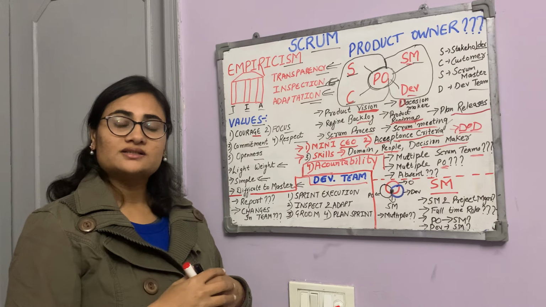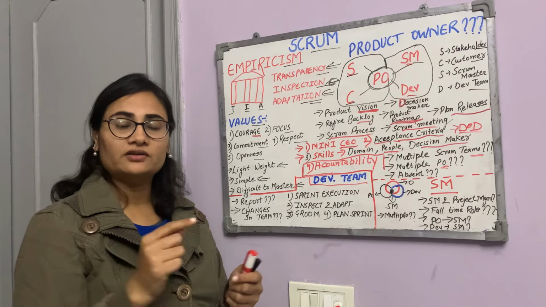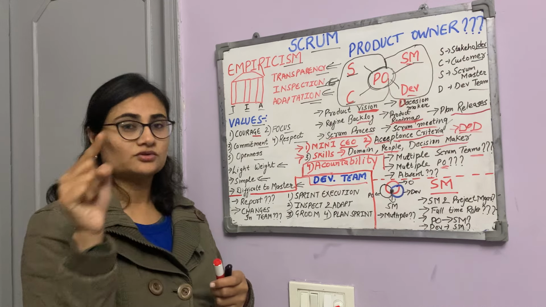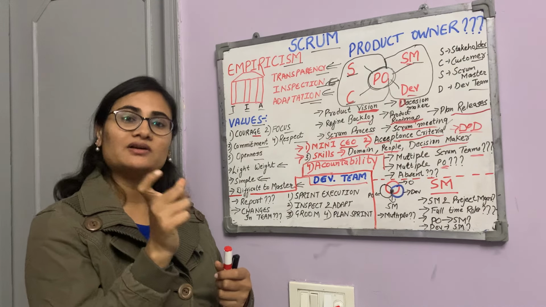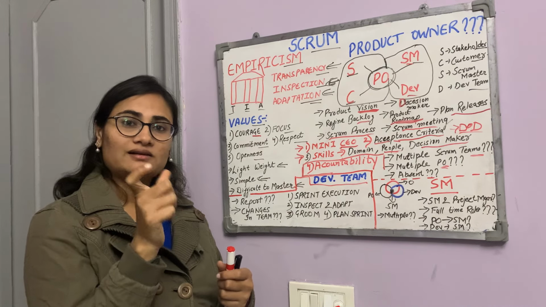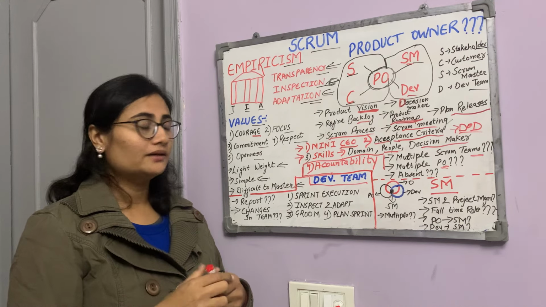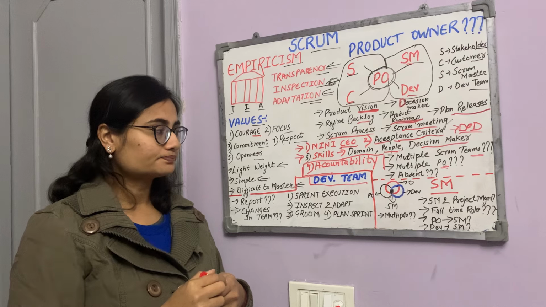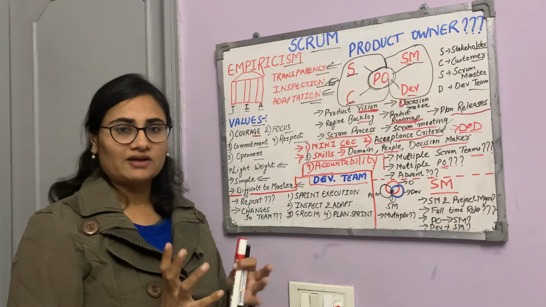Development team is the one who is going to have T-shaped individuals, where they have generalized skills across different domains and a specialized skill in one domain. So yeah, these are the features of development team.